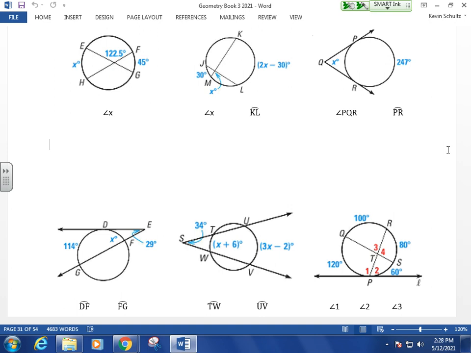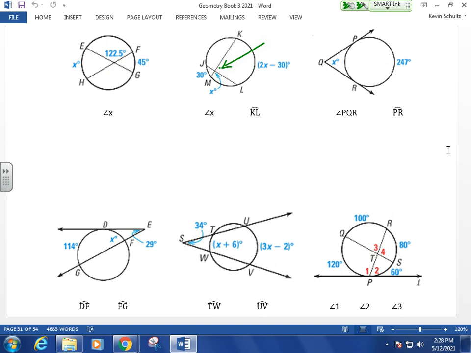We actually need to know what this angle is here to use the arc of 30 and the arc of 2x minus 30. So if the angle that we're given there is x degrees, what's the measure of the angle we actually need to use in our type 2 equation?